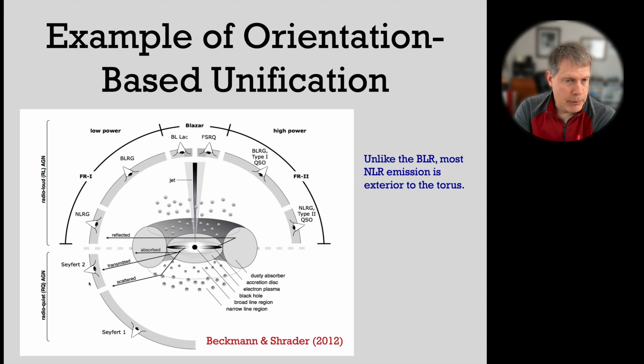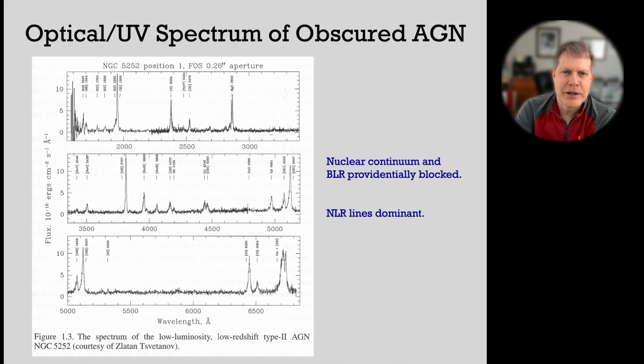And so sometimes you will have systems that are obscured, say the Seyfert 2 orientation here, where the small scale continuum from the nuclear region and the broad line region lines are blocked, and all you see are the narrow line region lines. And here is a nice example showing precisely that.